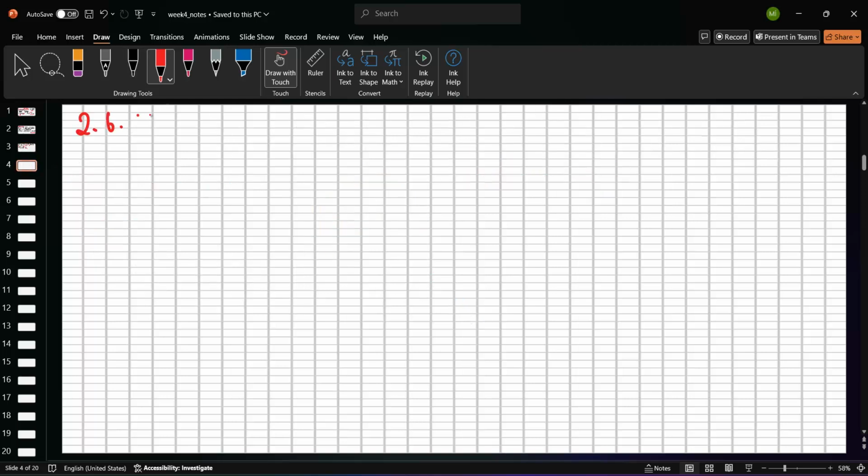So we need to continue with the what? The transfer function. What is the transfer function, guys? Can anyone say that? Berkay, what is transfer function?